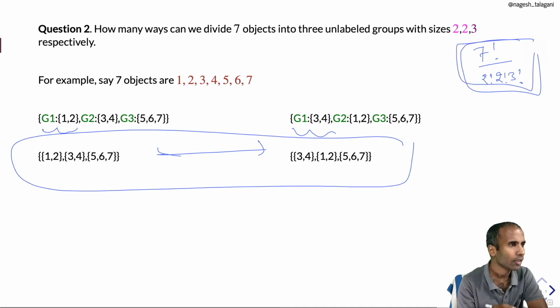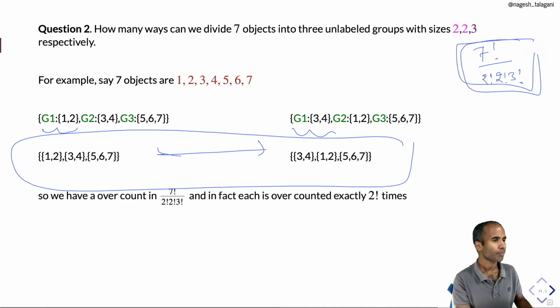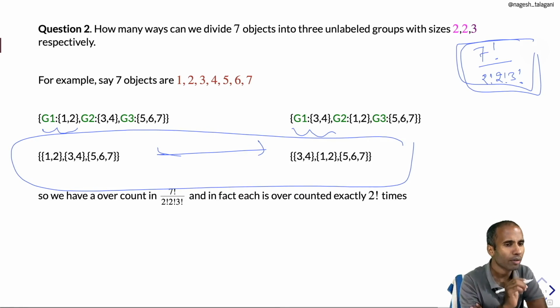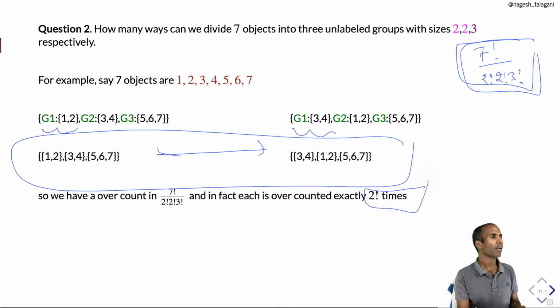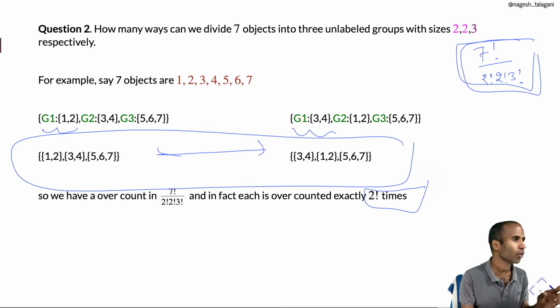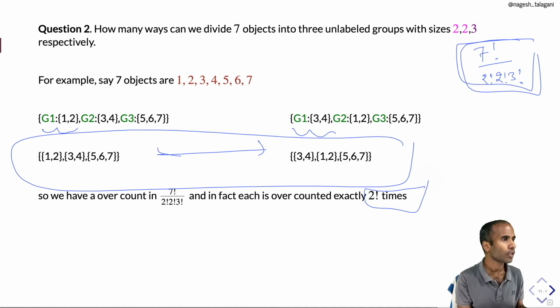In fact, each is overcounted exactly 2 factorial times. This 2 factorial is the number of ways we can shuffle groups among the groups of the same size. Here there are only 2 groups of the same size, so they can be shuffled among themselves in 2 factorial ways.